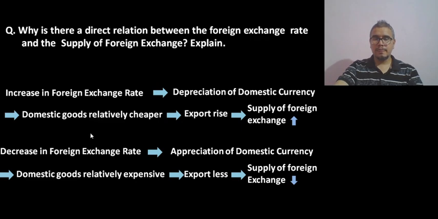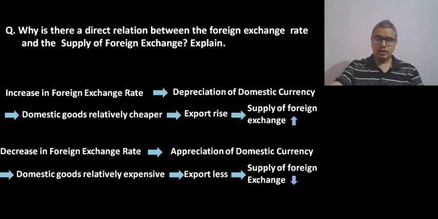Thus, the question which was asked here has been explained properly using this flow chart. If this question comes in your exam, instead of making this flow chart, you will just add some words in between and your answer will be complete. Hope you have understood why the supply of foreign exchange and the foreign exchange rate are directly related.